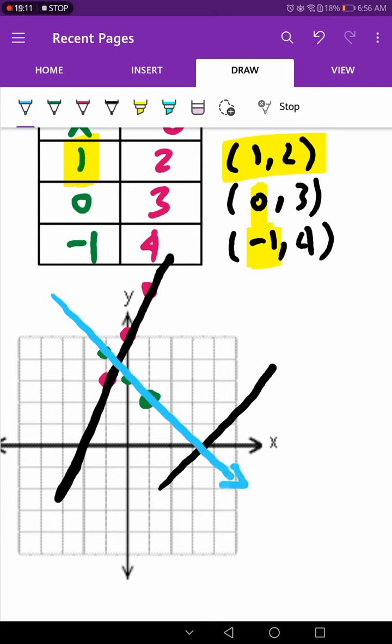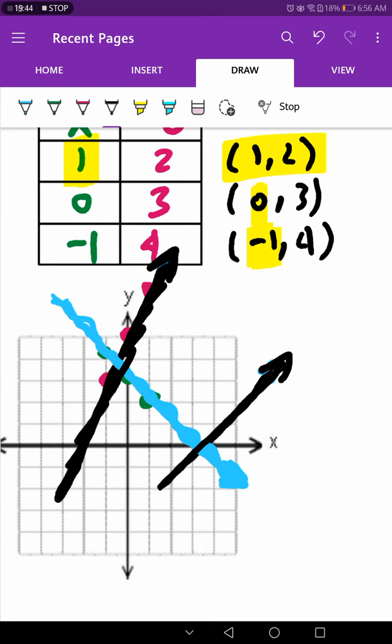It is coming down. This, it is coming up. This is increasing, and this is called decreasing, because it's moving down. How do I know before I graph, my dear student? If the x is negative, it's coming down. If the x is positive, it is coming up.